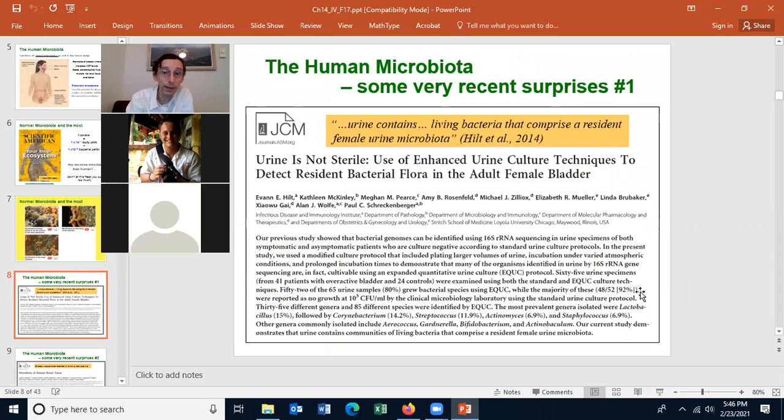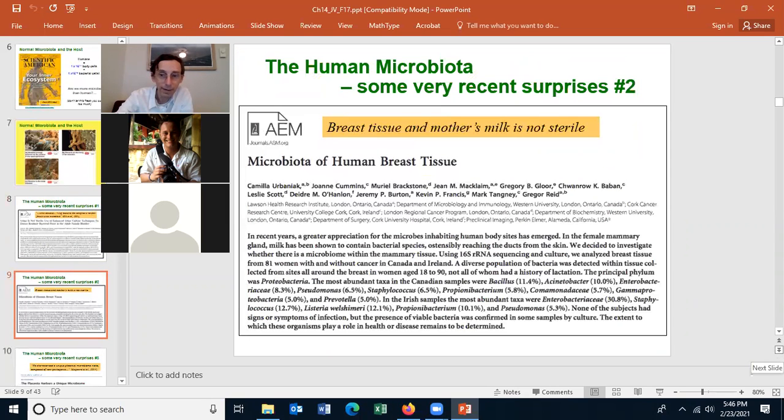The human microbiota have been found in some surprising places recently, although this was now 7 years ago, so not quite so recent, but still fairly recent. They found that normal human breast tissue, at least in females, and their mother's milk is not sterile.